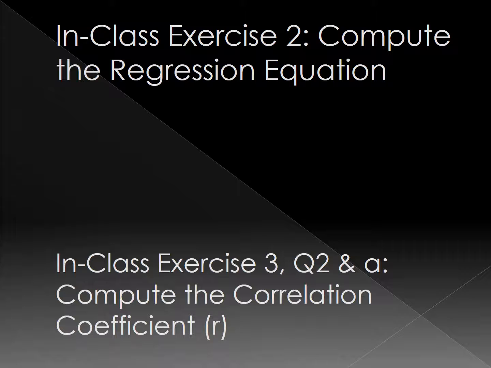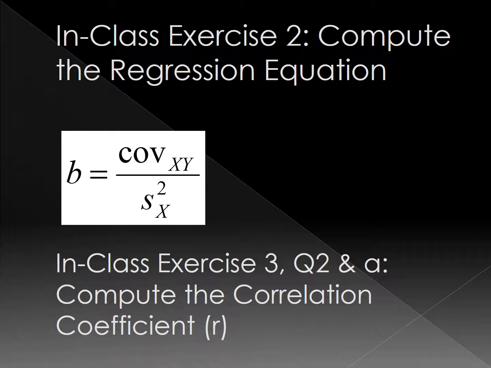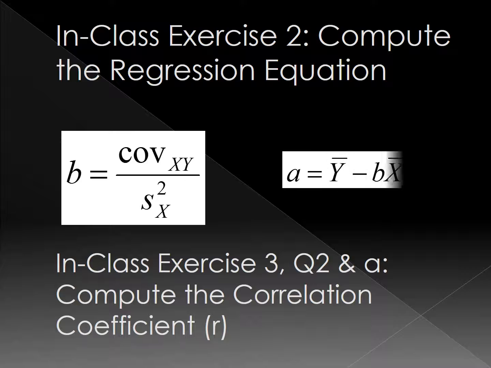Now, you have the handout from in-class exercise number 2. Last class, we computed the regression equation for this problem. Then in this class, continue on your handout, working on exercise number 3.